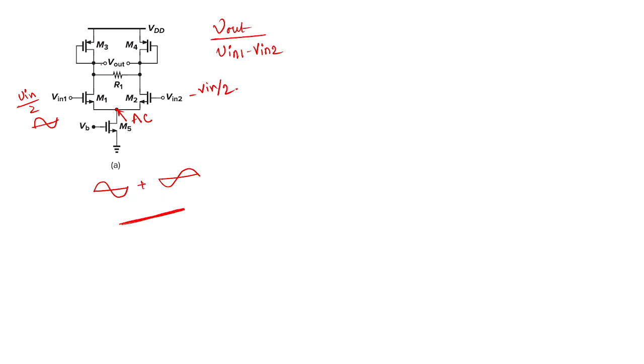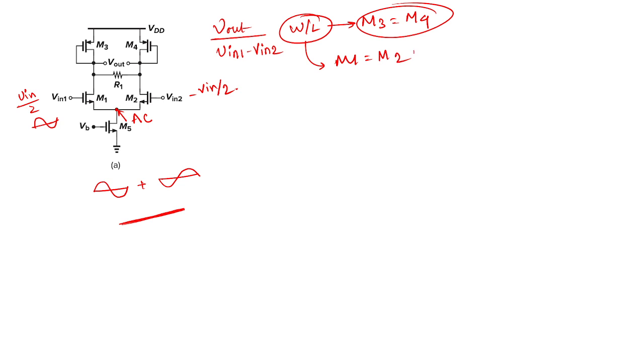So this is AC ground, and suppose the W by L ratios of M3 and M4 are the same, and the W by L ratios of M1 and M2 are the same. To make the circuit symmetric, we change the way we write R1.